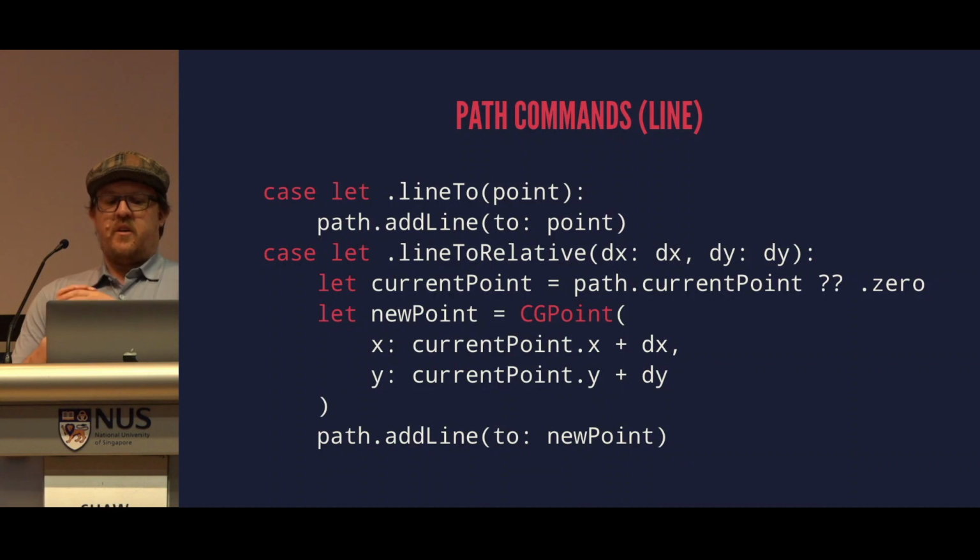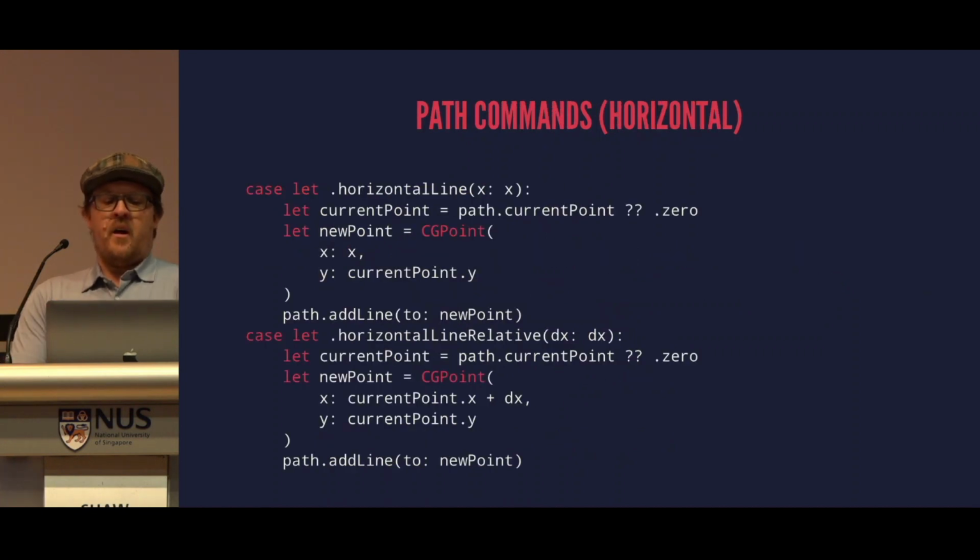Line. Here we've got adding a line to a point, which is fairly straightforward, and then adding a line based on relative positioning. Horizontal versions, much the same, where we're going, hey, we don't have a starting vertical, but we know the new horizontal, so we get the vertical and then apply the horizontal.